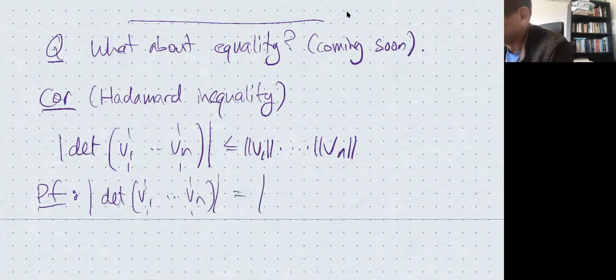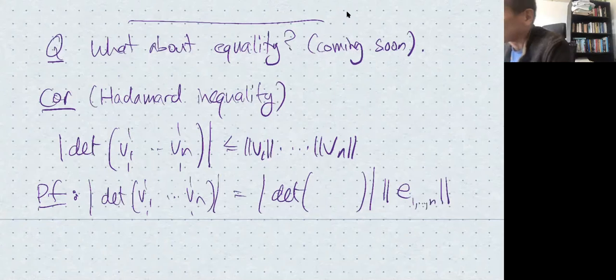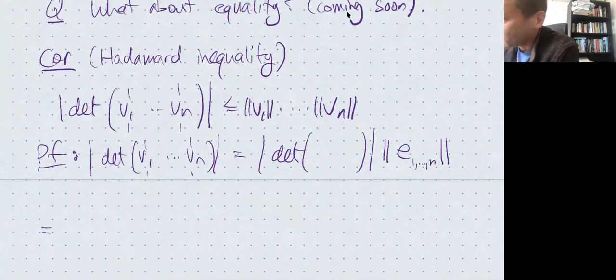So this is the same expression multiplied by the norm of the multi-index, which contains the unique unit n-vector. And by product of norms, I can put this inside.